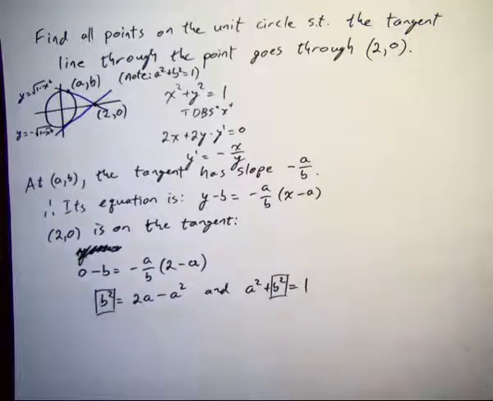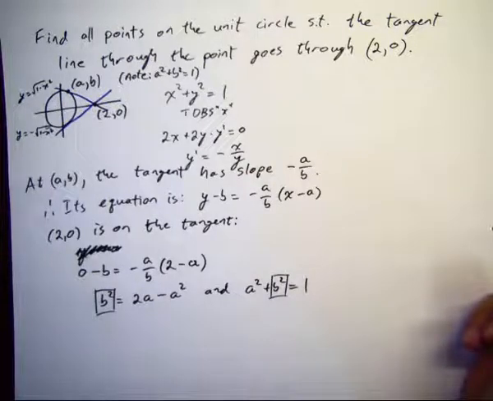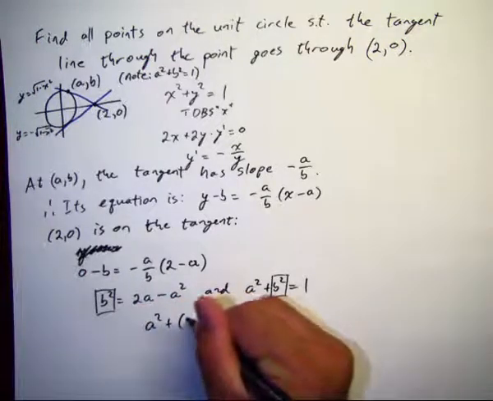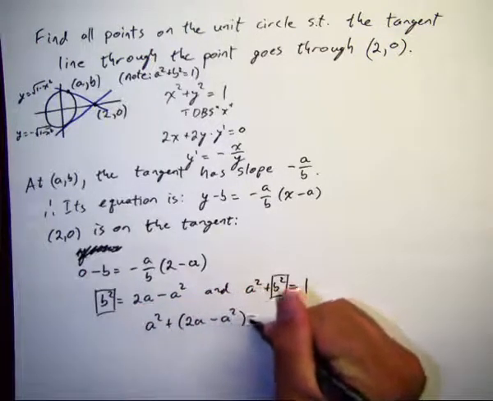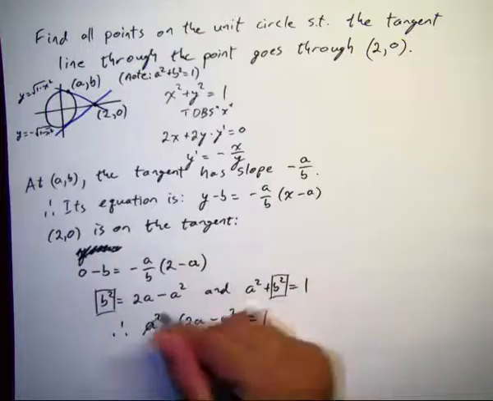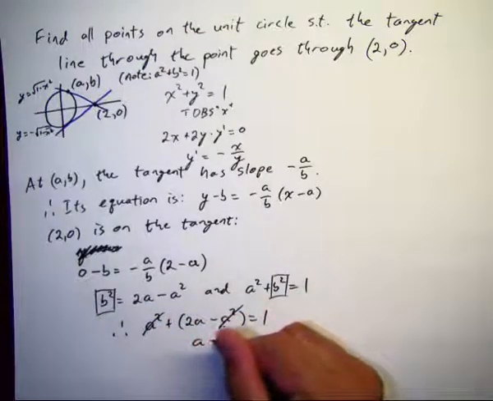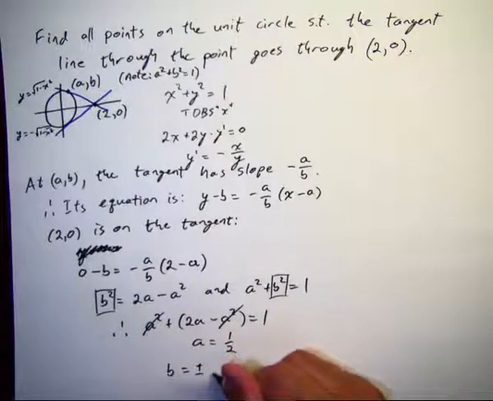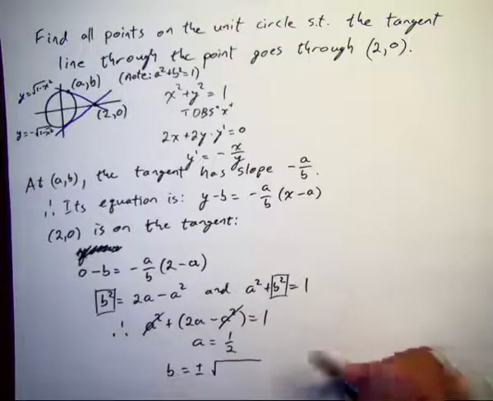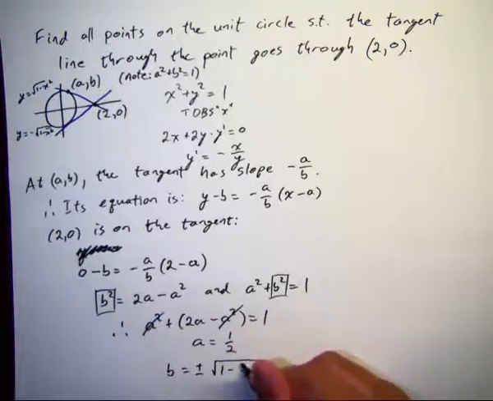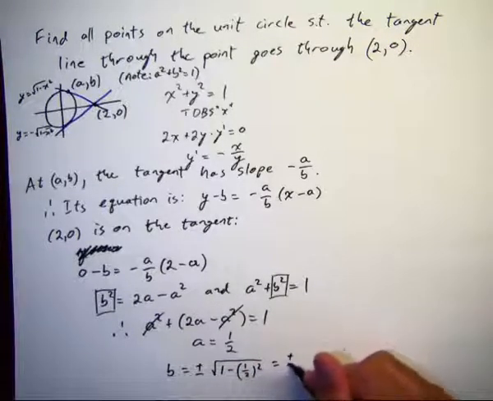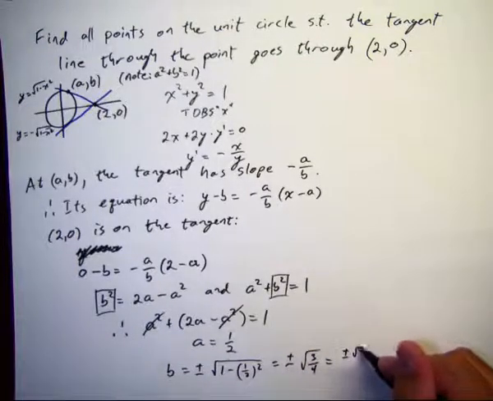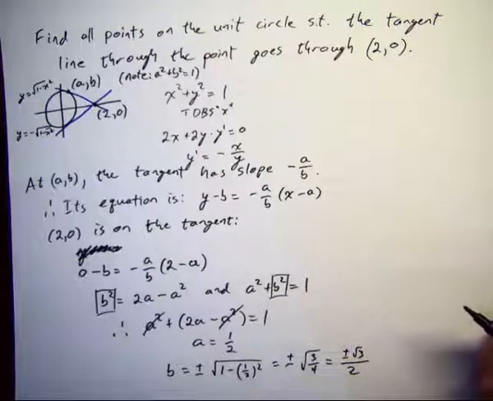Every now and then you just get a nice bit of substitution, and so a squared plus 2a minus a squared is equal to 1. The a squareds cancel. a is equal to a half, and so b is equal to plus or minus the square root of 1 minus a half squared, which is plus or minus the square root of 3 over 4, which is plus or minus root 3 over 2.